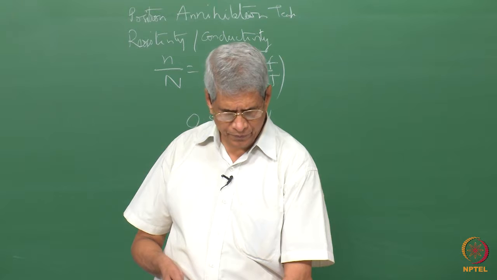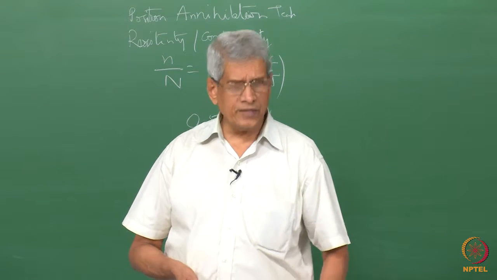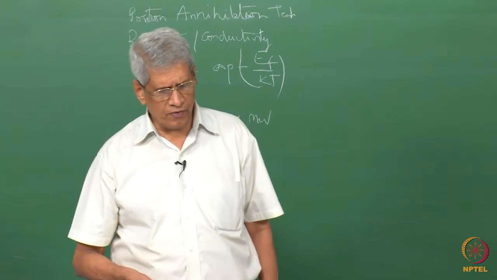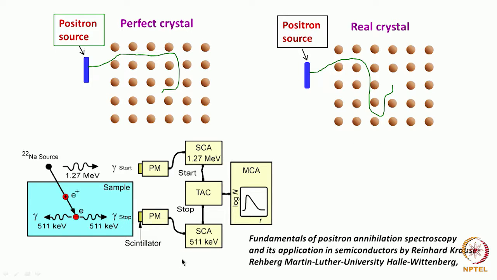Essentially the setup consists of two detectors. One detector detects the positron, emitted from the source with a high energy, via the gamma ray emitted from the source along with the positron.